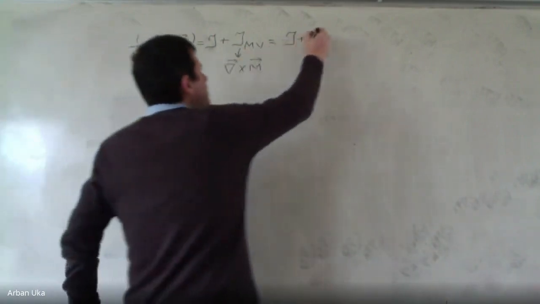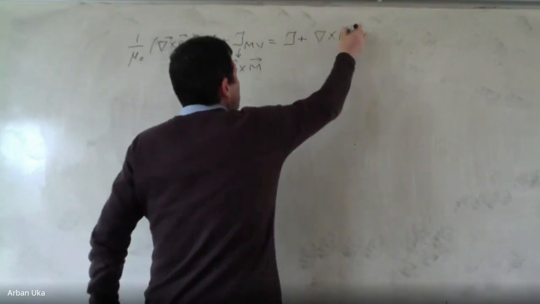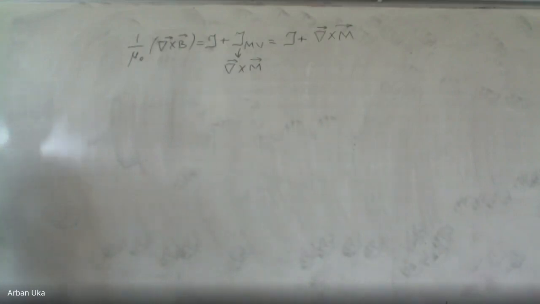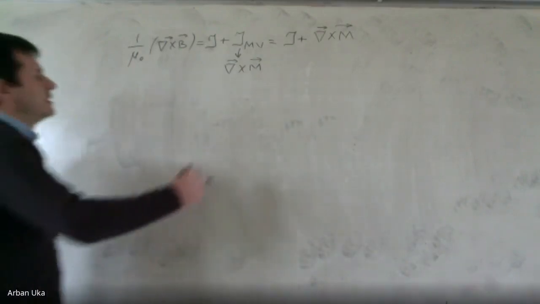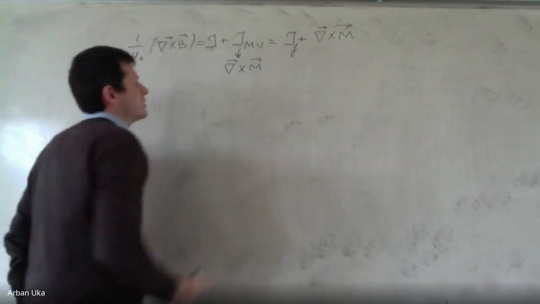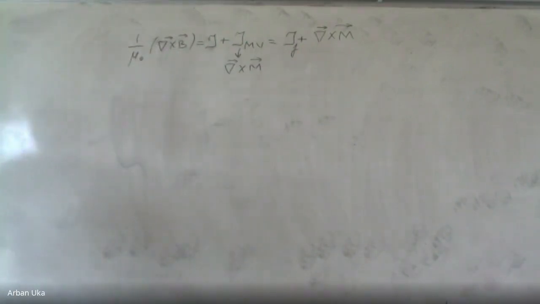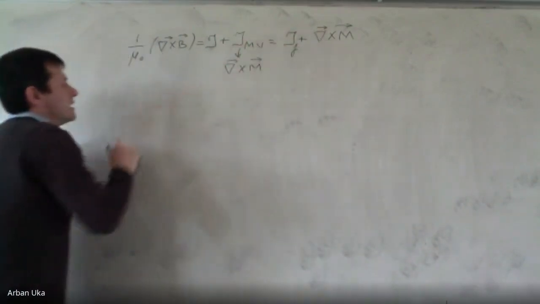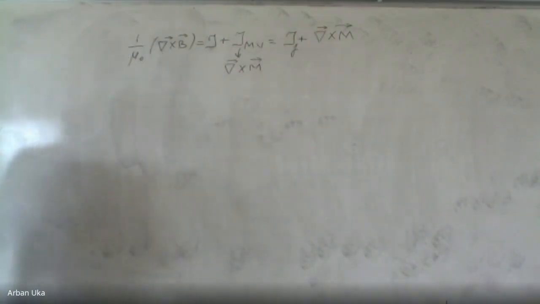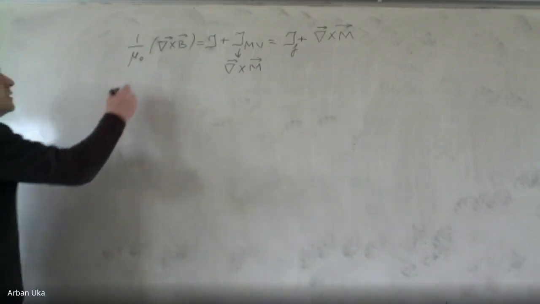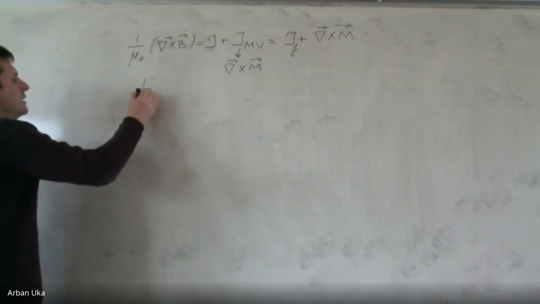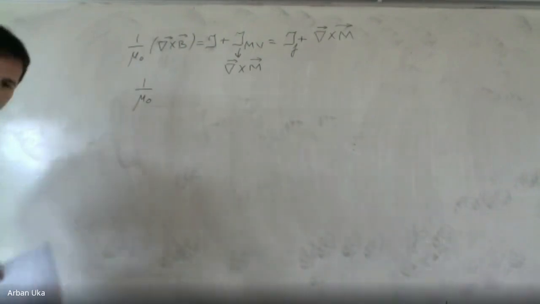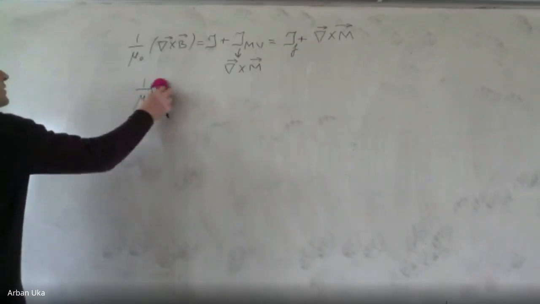So we add this term here on this side, curl of M. And this is the free initial current density. Okay, so let's put it with an F. And we can take this term to the other side, and we know that the derivatives are linear operators. Okay, so since they are linear operators, we can write here 1 over mu 0, or probably it's best if we factor out.